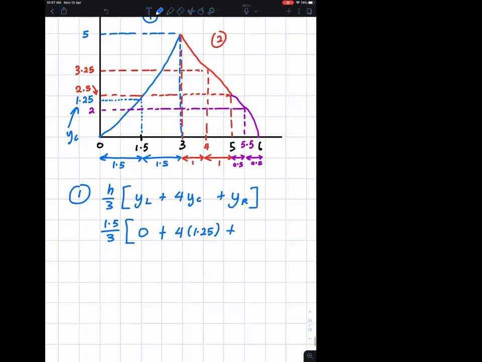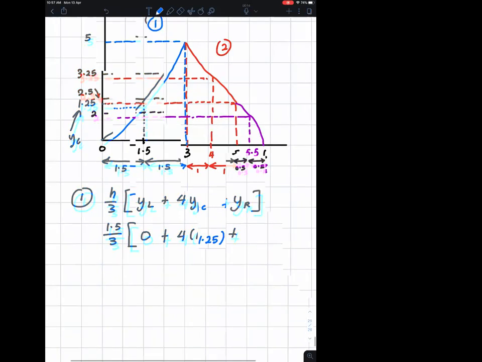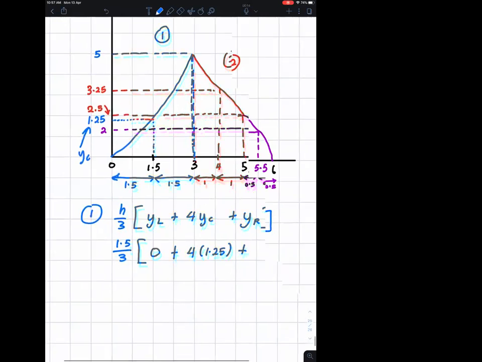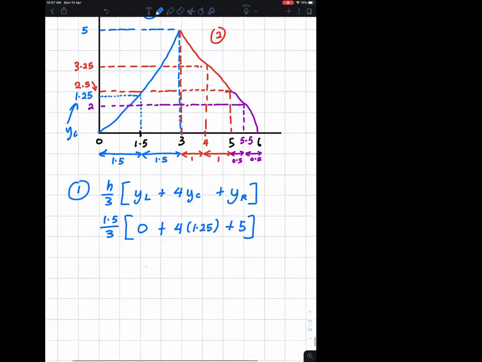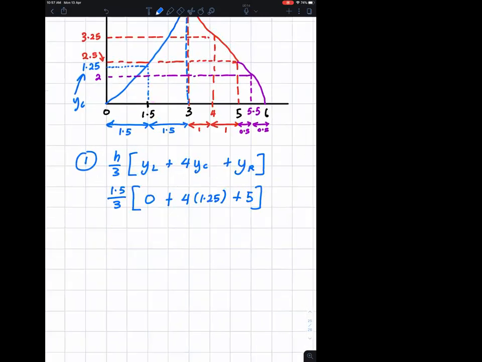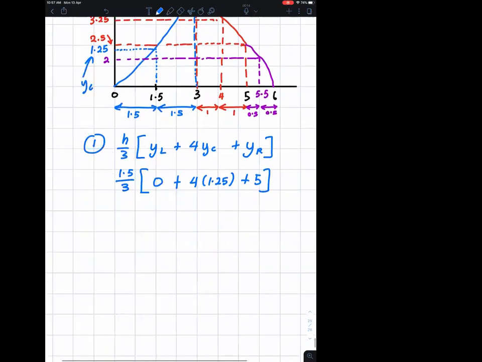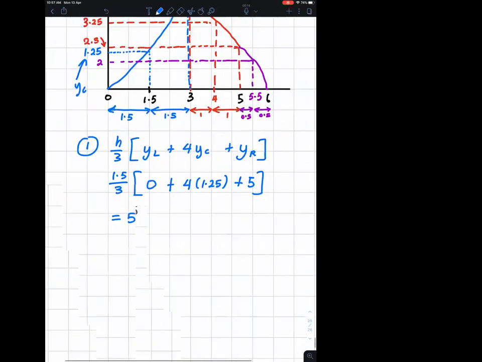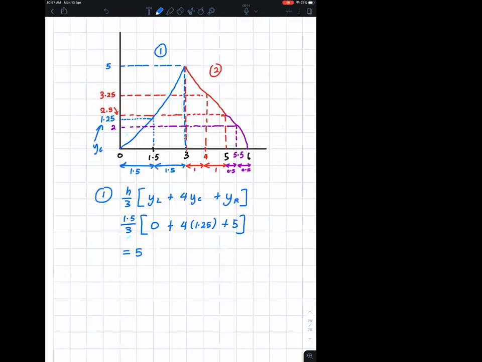YR, 5, right? So if you do the math, you will get 5. Is it okay? Can you guys follow this part? Yes, sir. Okay, then you do the same thing for the next one.